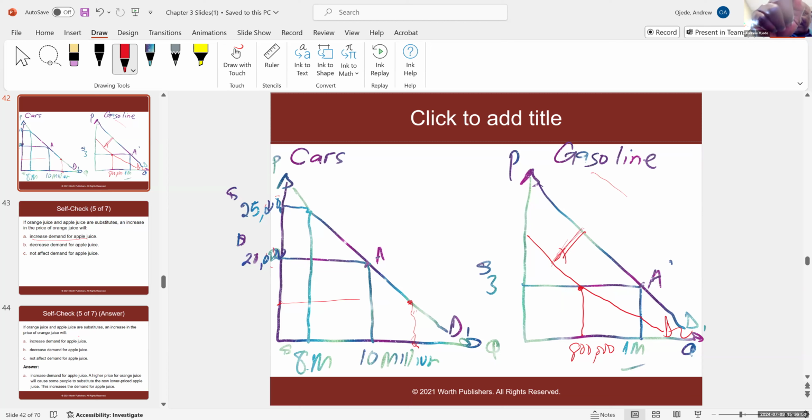But if the price of cars had fallen, that means more people would have bought cars, and the demand for gasoline will go up. So it's kind of an inverse correlation between the price of one good and the demand for the second good. Negatively correlated.